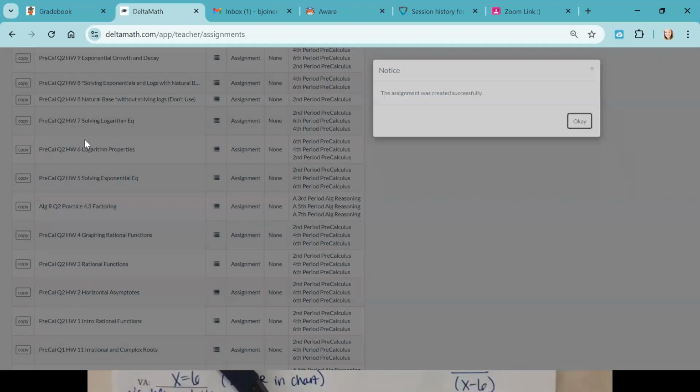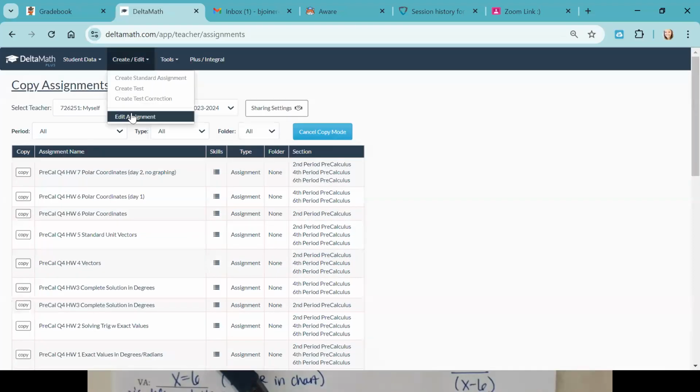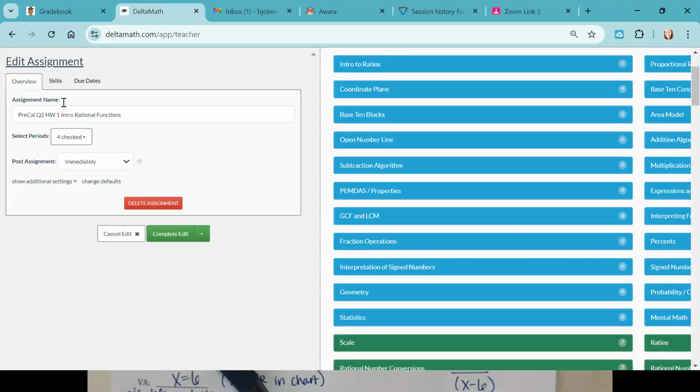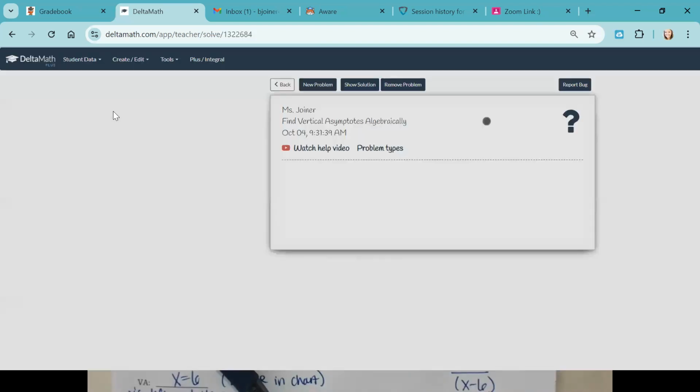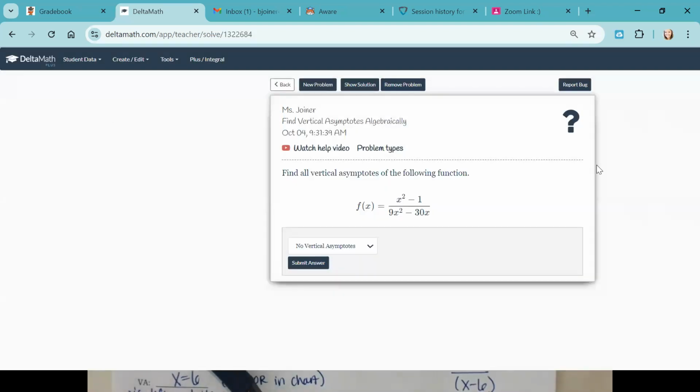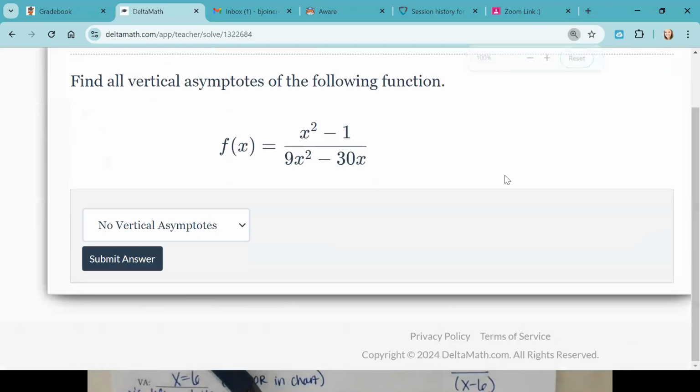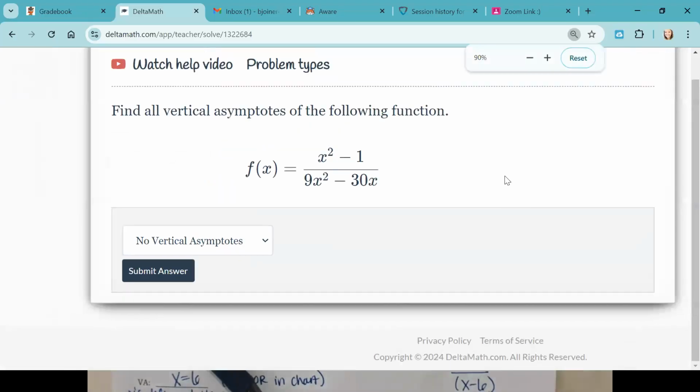Okay, y'all should be able to see your assignment now. Okay, and then I'll do one vertical asymptote with y'all, then I'll do one hole with y'all. So this is just the very first question. And then you do have some blank paper on the back of your notes if you want scratch work.